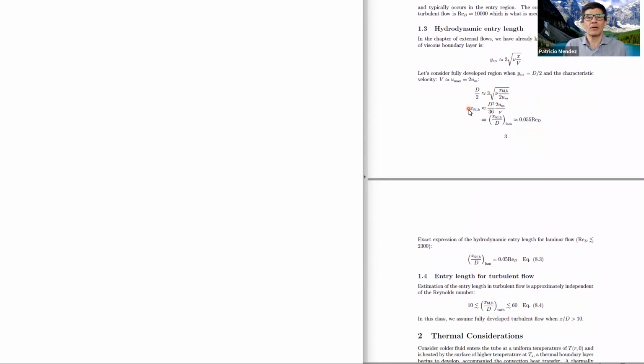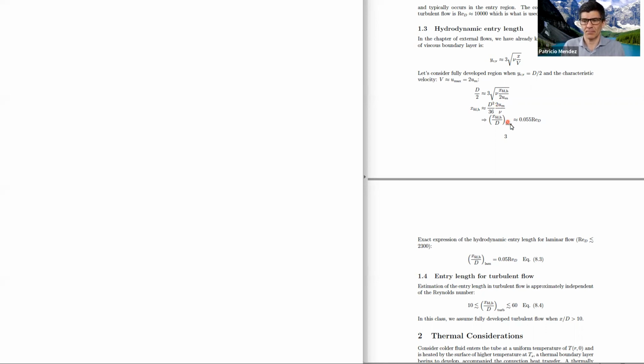The book gives a formula for the hydrodynamic entry length without any explanation, but using the concept that the entry region is the region in which the two boundary layers are developing, we can calculate how long it takes for the boundary layer thickness to reach half a diameter, that is, to reach a value of a radius.